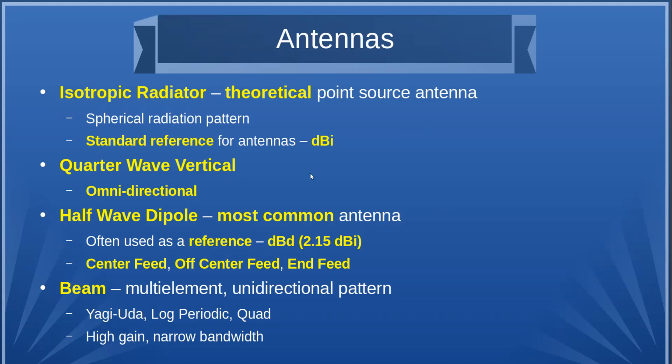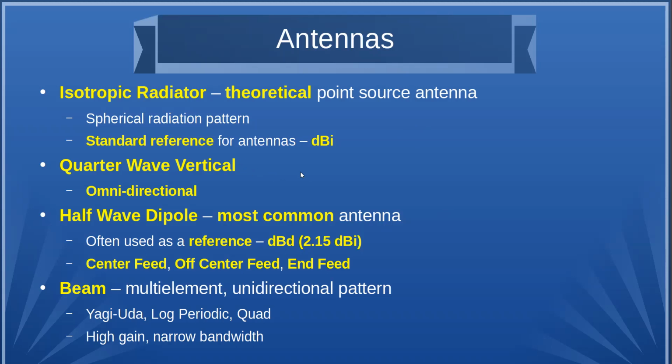So one of the simplest, what you see on AM broadcast stations are quarter wave vertical antennas. On AM broadcast, because of the frequency, they're down at what, 160 or below meters? Yeah. They're very high antennas.